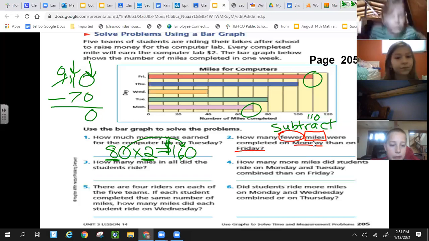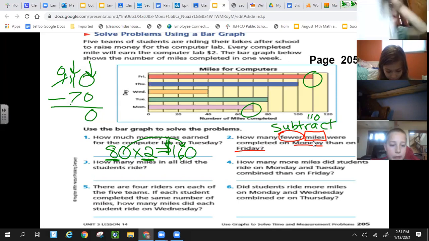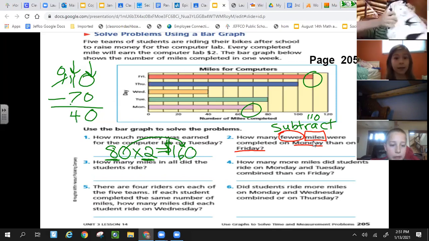Make that a 0 and make the 1 an 11. Now what do I do? Then you subtract 11 from 7. Actually, you're taking 7 from 11 because you can't do it the other way without getting into negative numbers. All right, so what do we have? What's 7 from 11? 4. All right.